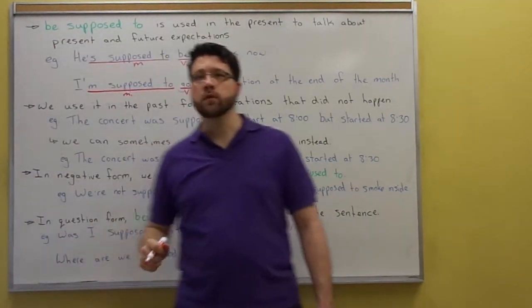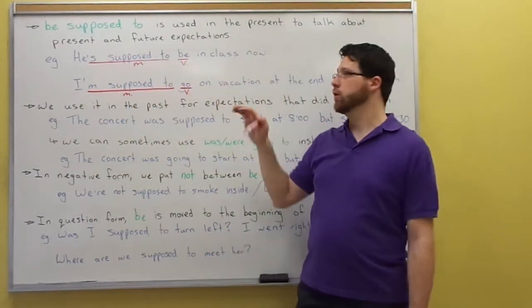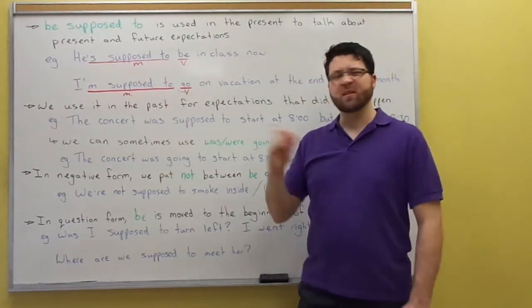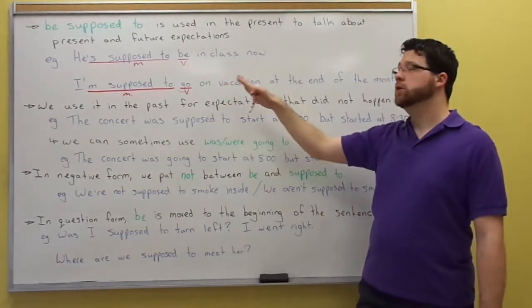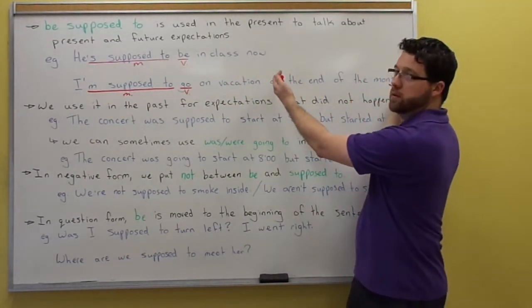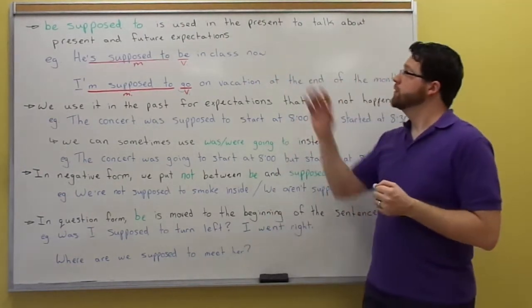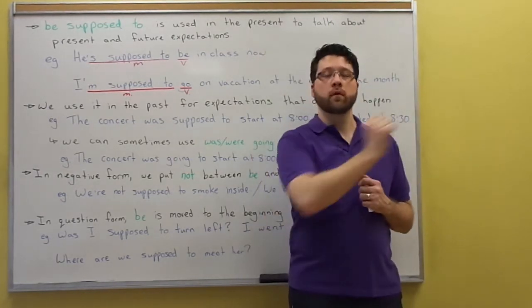Our modal is in the present. It's I am supposed to go, not I will be supposed to go. We don't say this. We say I'm supposed to go on vacation at the end of the month. We give the time here at the end of the sentence. So we use it in the present to talk about now, the present, or the future.